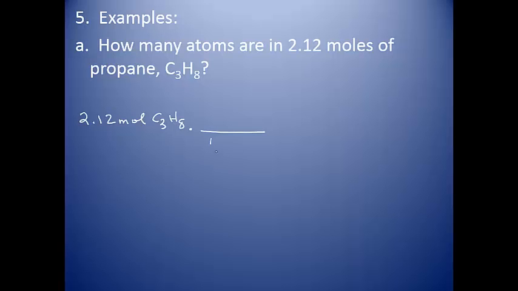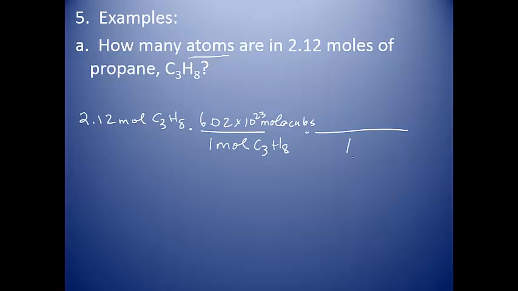So we're going to have 1 mole of our C3H8 is equal to 6.02 times 10 to the 23rd, and our representative particle on our previous screen was molecule. But we're not done there, because we want to get to atoms. How many atoms are in 2.12 moles?